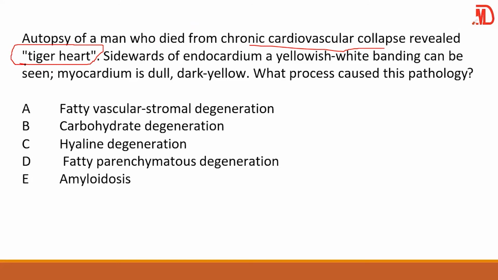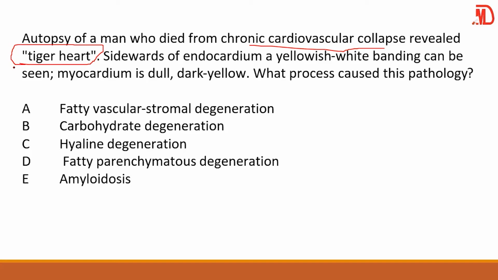Tiger heart simply refers to a fatty degeneration of the heart. So when there's a lot of accumulation of fat in the heart, we call it the tiger heart or fatty degeneration, meaning there is too much fat inside the heart.